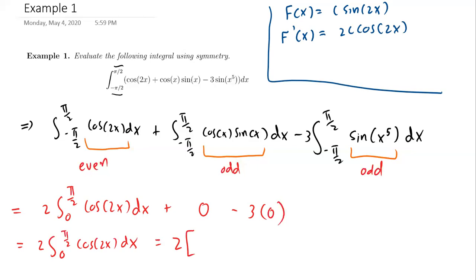So we have almost what we want, but this 2c should be equal to 1, right? Because here we have 1 on the front, which means you can just let c be equal to 1/2, because then 1/2 times 2 cancel and you get 1. So an antiderivative is 1/2 sine of 2x. And again, we did this in section 4.9.